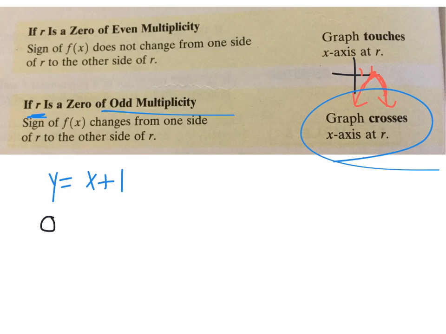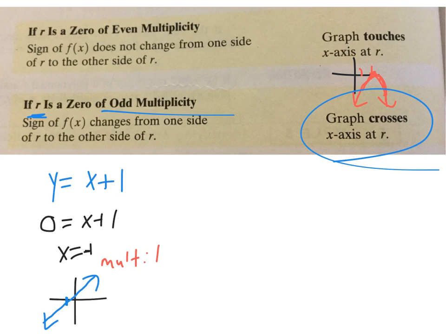Well, you'd plug in 0 for y, and you would say there's an x-intercept at -1. So when I graph this, how many times did that -1 occur? It occurred 1 time. Okay? The graph of this would look something like this, where it's a line going straight through it.